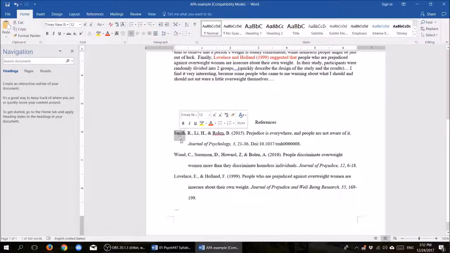First, you have all the last names, right? Smith, Lee, Roland, and first name initial, and then parentheses and the year of the publication, and then this is the title of the study, the research, and then the journal. As I said, the peer-reviewed journal is the best source.